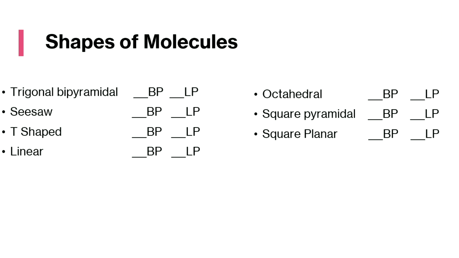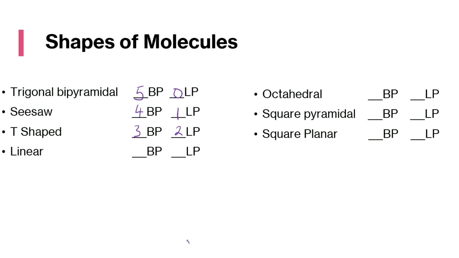So here I have a summary of the electron domains for 5 and 6. So if it's trigonal bipyramidal, the first one here, we're going to have 5 bonding and 0 lone pairs. For the seesaw, we're going to have 4 bonding and 1 lone pair. For T-shaped, we'll have 3 bonding and 2 lone pairs.